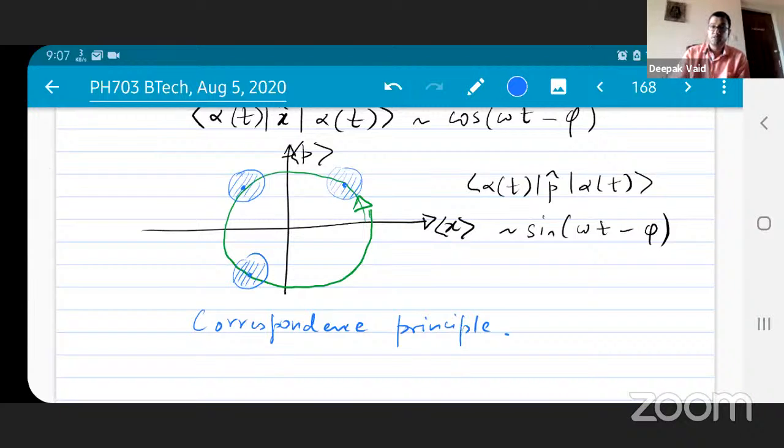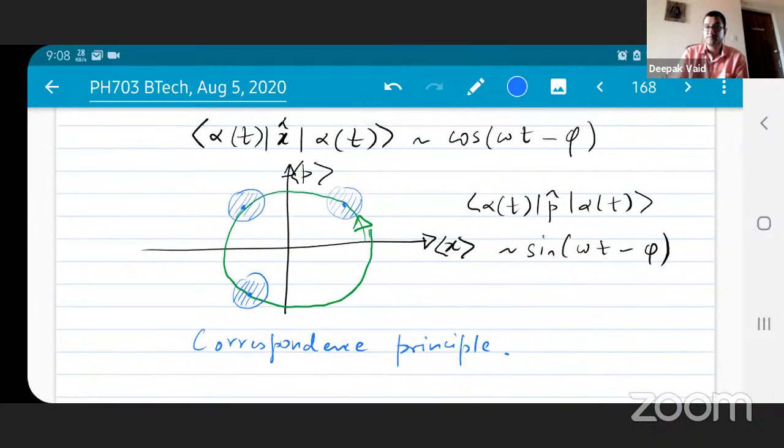But you can write down the evolution of those states as the classical trajectory plus some corrections. And those are the quantum corrections. Okay, so in the harmonic oscillator, the classical trajectory coincides exactly with the quantum trajectory.